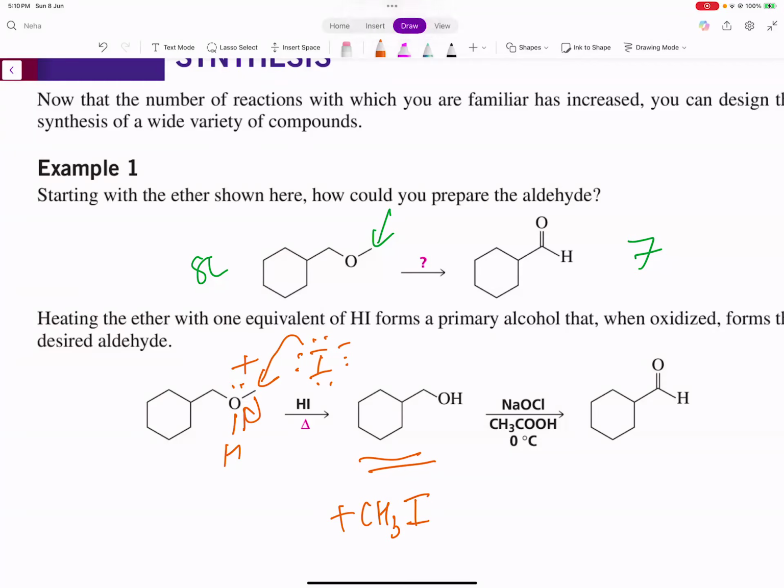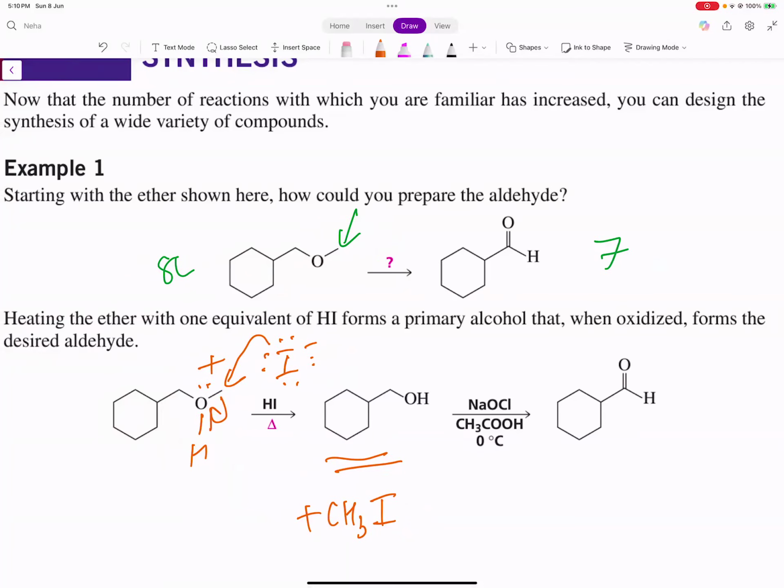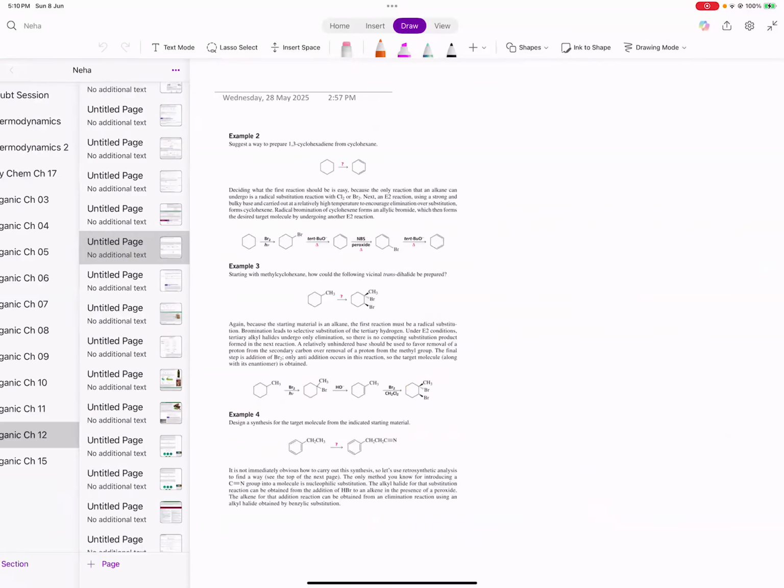And if I want to stop the oxidation at an aldehyde stage, I have to use pyridinium chlorochromate or a mild oxidizing agent like NaOCl in acetic acid. Only then we will be able to stop the oxidation at aldehyde stage. Clear? Yes, sir. So if we don't use it, then it'll become carboxylic acid, right? Yes. And then we move here.